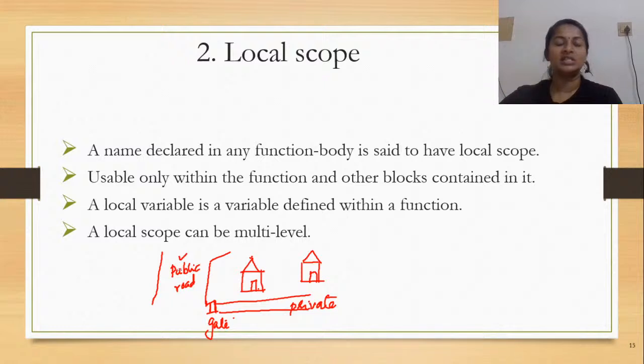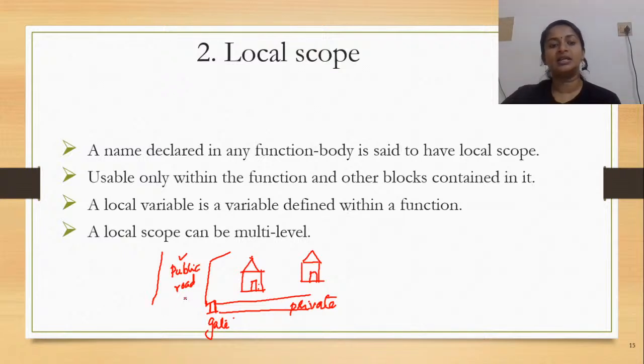This public road is accessible by anyone, right? But this private road is going to be accessed only by the people who are either staying here or coming to visit, right? Not all public would be accessing it, because you have a security, and you need to furnish your details prior to entering this private area. This is how the global and local scope is defined here.